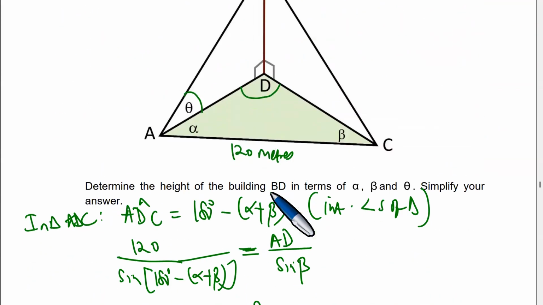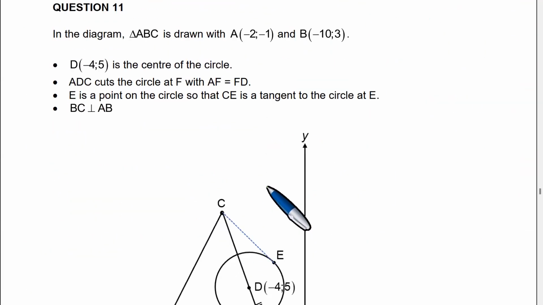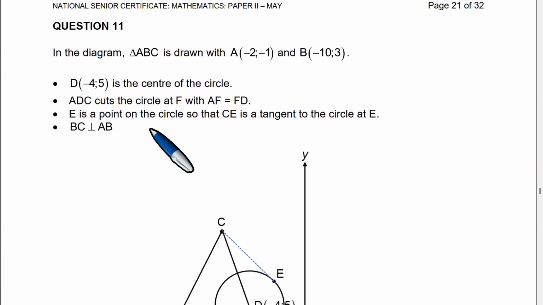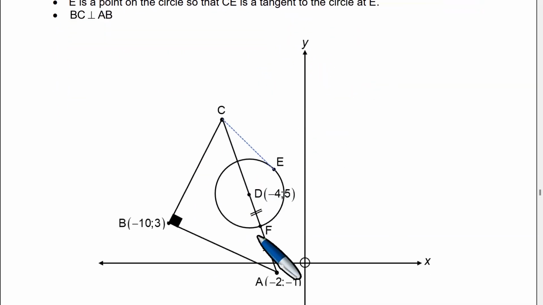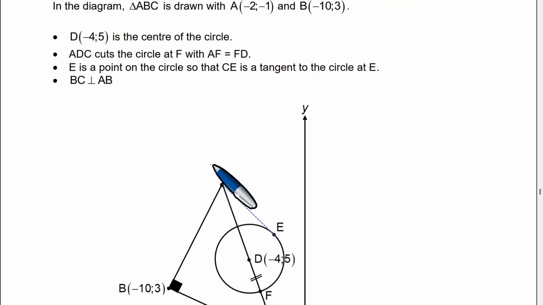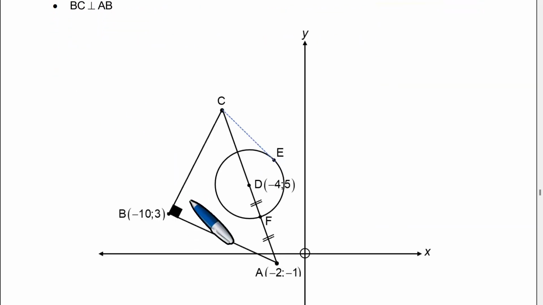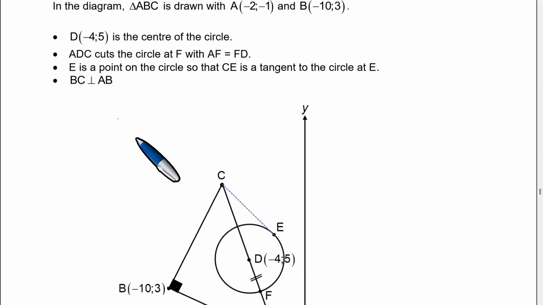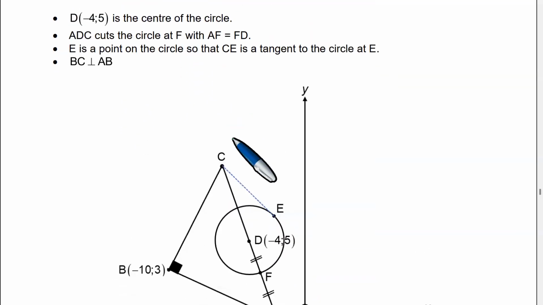Right, so next we have question 11. In the diagram, triangle ABC is drawn with A equals (-2, -1) and B with the given coordinates. D has coordinates (-4, 5) and is the center of the circle. ADC cuts the circle at F, with AF equals FD.